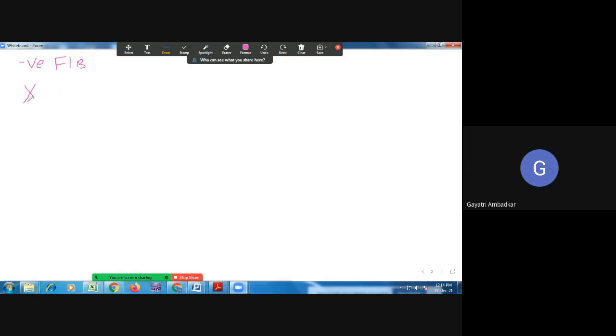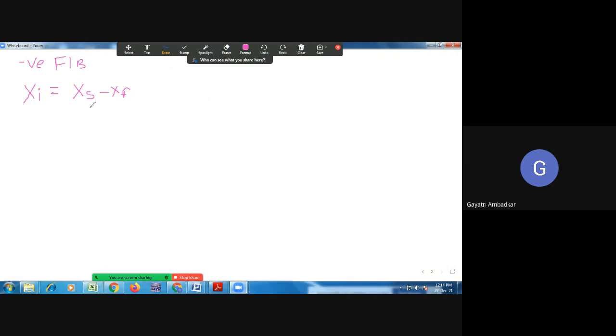What is XI? Input given to the amplifier, and it is the combination of two signals XS plus XF. In case of negative feedback amplifier, you know the feedback signal is out of phase, so I am going to write a minus sign with XF. In the previous derivation, I used a plus sign here.